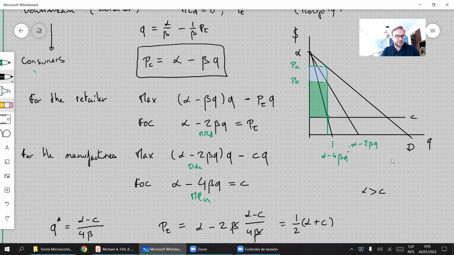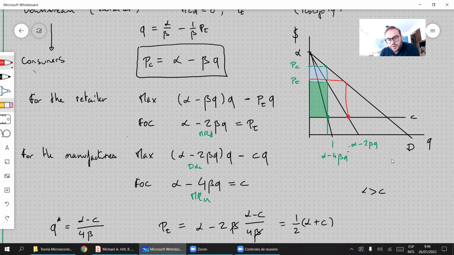And if this is the case, what we should expect is that instead of having this double marginalization, the manufacturer takes into account not the demand of the retailer, because there's no retailer, but takes into account the demand of the consumers. And if that is the case, then I would have a monopoly that is integrated, that takes into account both, and is going to produce at the point at which marginal revenue derived from the demand in the market is equal to marginal cost. And that is going to give me this quantity, this price.